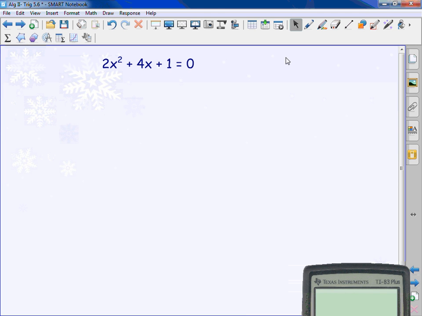So we have 2x squared plus 4x plus 1 equals 0. Find out how many solutions I have. All right, to find the discriminant, all you look at is b squared minus 4ac.